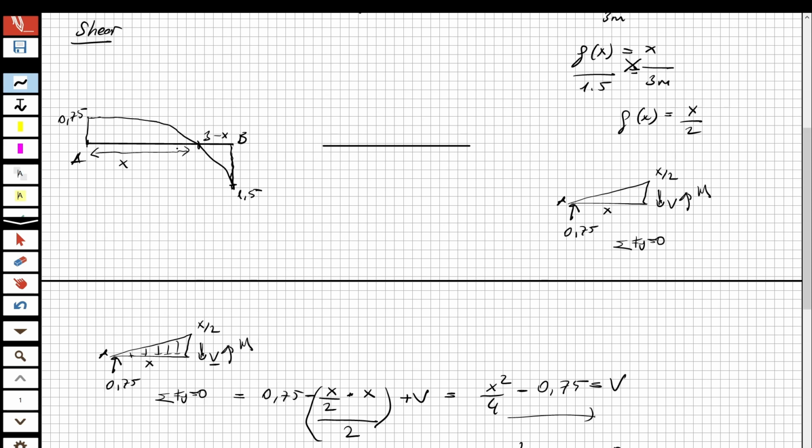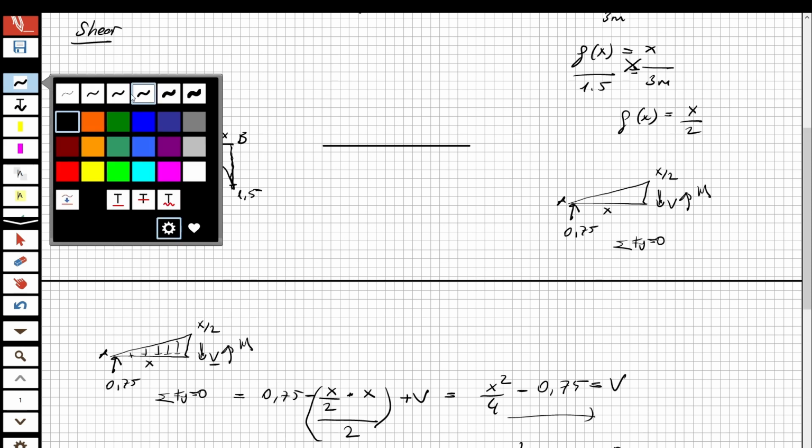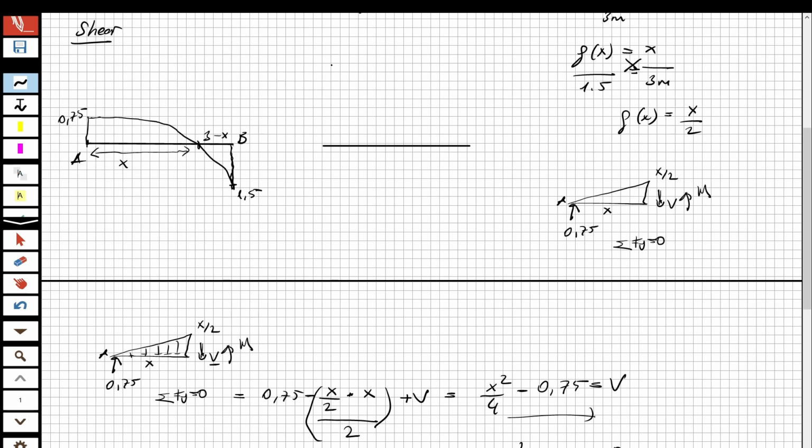Now I obtain the point x because I'm going to draw the moment diagram here and try to show you where the maximum moment is. For example, this is going to increase until the point where the shear is 0, so this is the maximum, and then it's going to decrease.